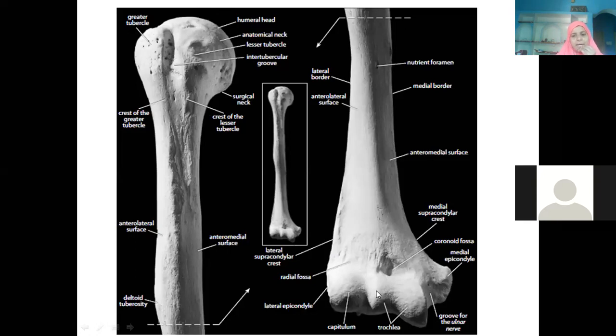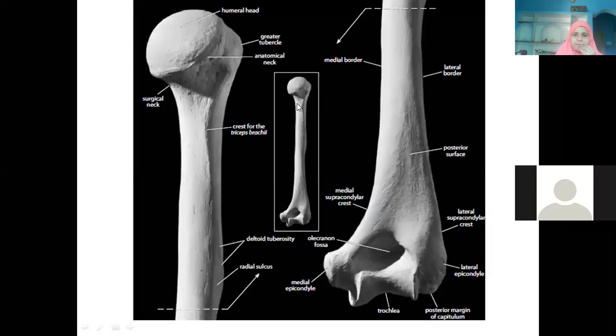Medial epicondyle, lateral epicondyle. This fully shaped thing is the trochlea, and this cap-like round elevation is the capitulum. Then here we have the coronoid fossa above the trochlea and the radial fossa above the capitulum, for the ulna and radius bones respectively. This is from the posterior aspect.